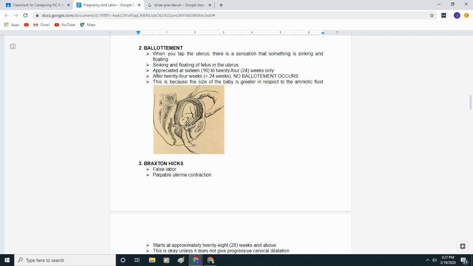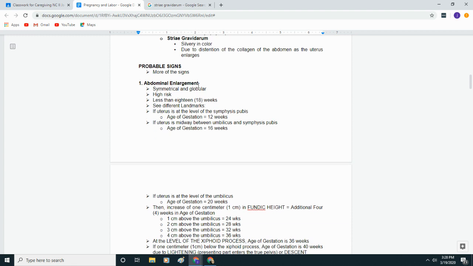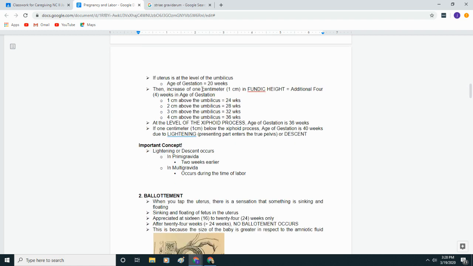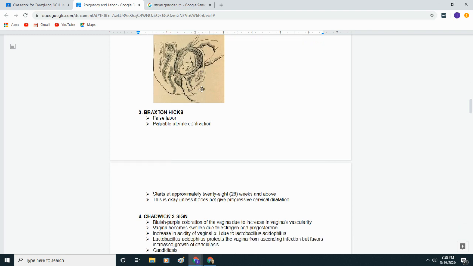Ballotment is when you tap the uterus, there is a sensation that something is sinking and floating. Commonly, these are being measured by your midwives, by your doctors, your OB-GYNs, and the nurses. This is not your responsibility. But I'm teaching this so that you know.